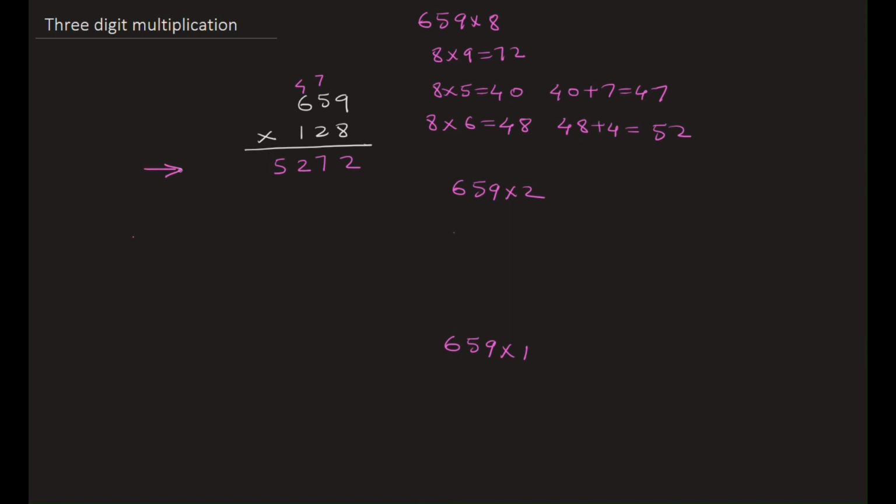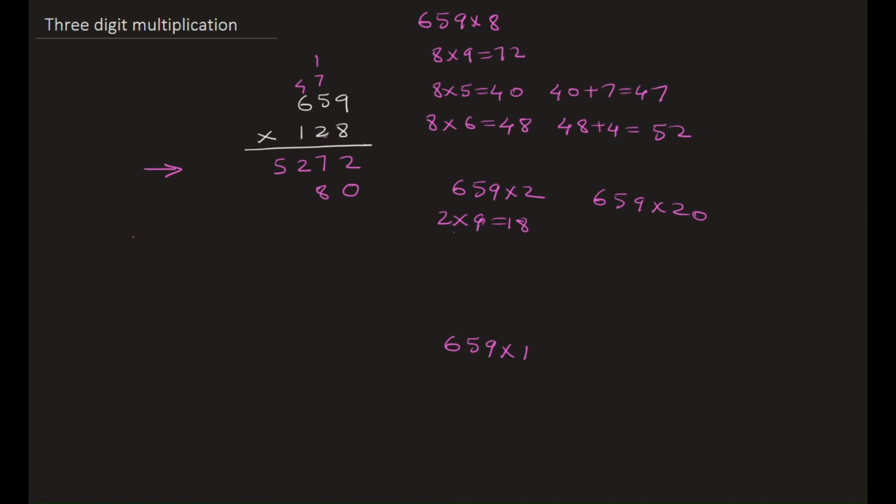The next partial product is 659 times 2. But 2 is in the tens place. So in effect what I'm doing is 659 times 20. So to make up for that, in the second partial product, in the ones place, I keep 0 as a placeholder. Then I multiply 2 with each of the digits of 659. So 2 times 9 equals 18, but only one digit can come in the tens place, which is 8, and this 1 is carried over here in the tens.